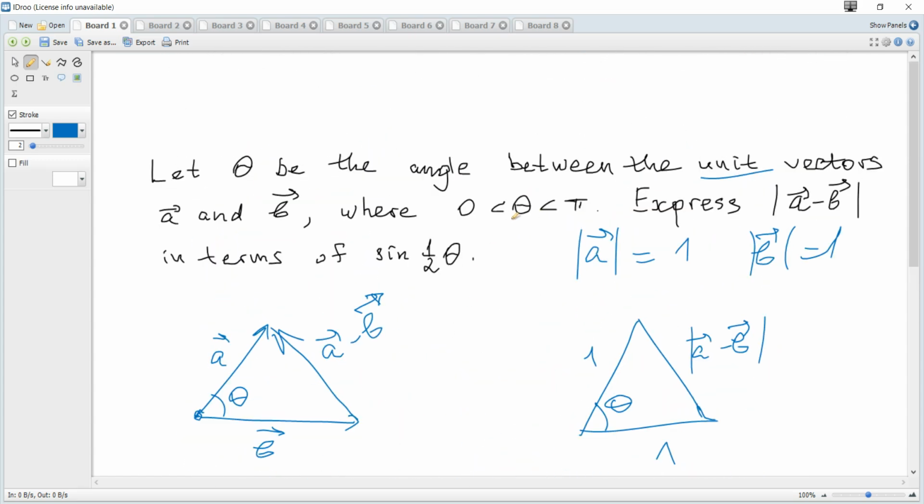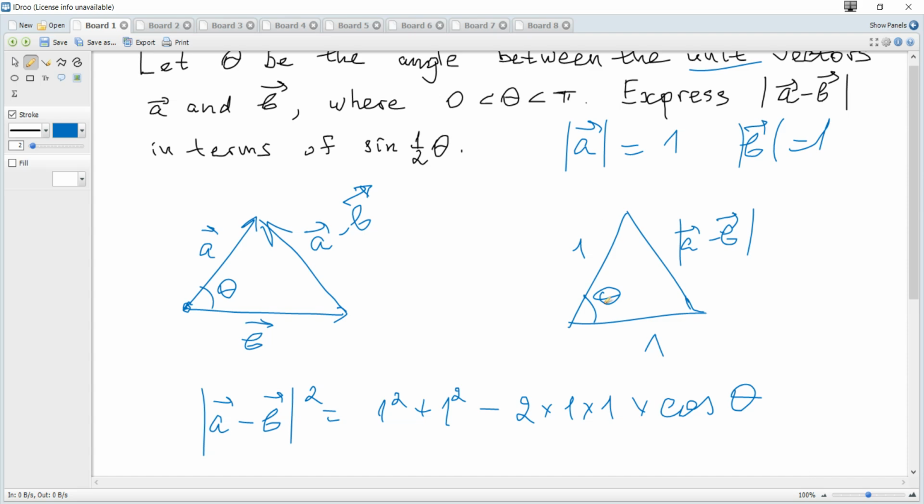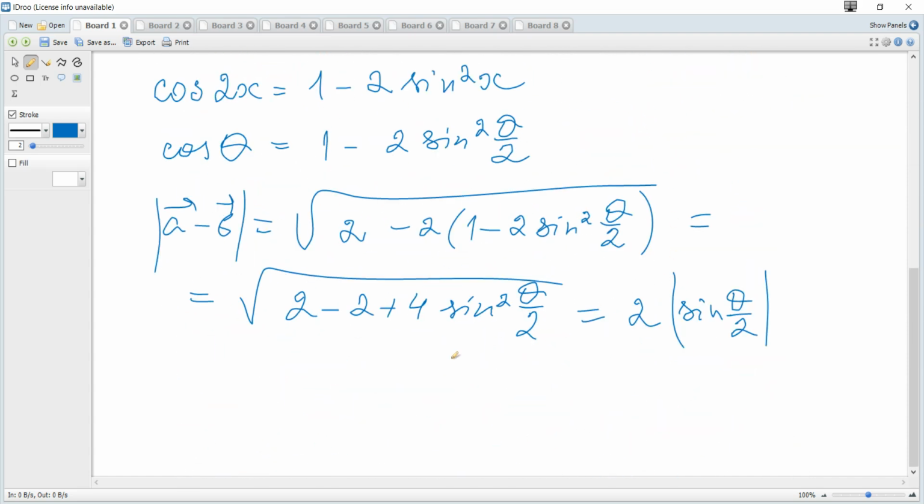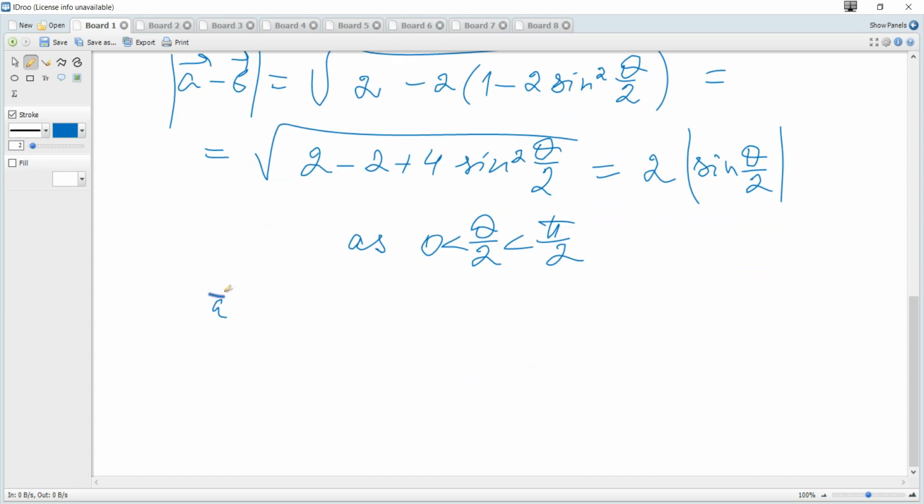Since theta is between 0 and pi, that is 180 degrees, theta over 2 is between 0 and 90 degrees, and it's the first quadrant, sine is positive, as theta over 2 is greater than 0 and less than pi over 2. Finally the magnitude of a minus b becomes 2 times sine of theta over 2.